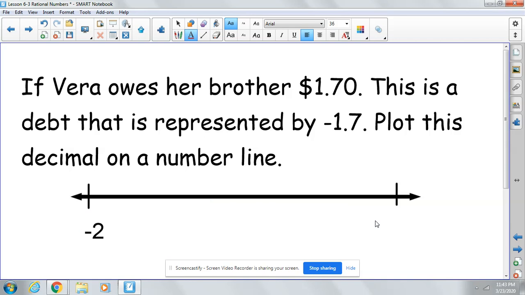Then negative 1 would have to go on the right. We talked about decimal points being in the tenths place. The easiest way to split this number line up is by splitting our one whole into tenths. So I'm going to make 10 tally marks.